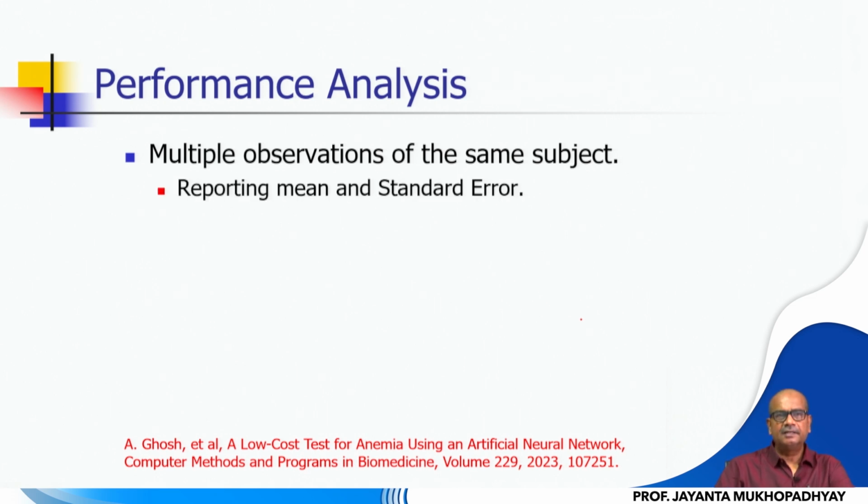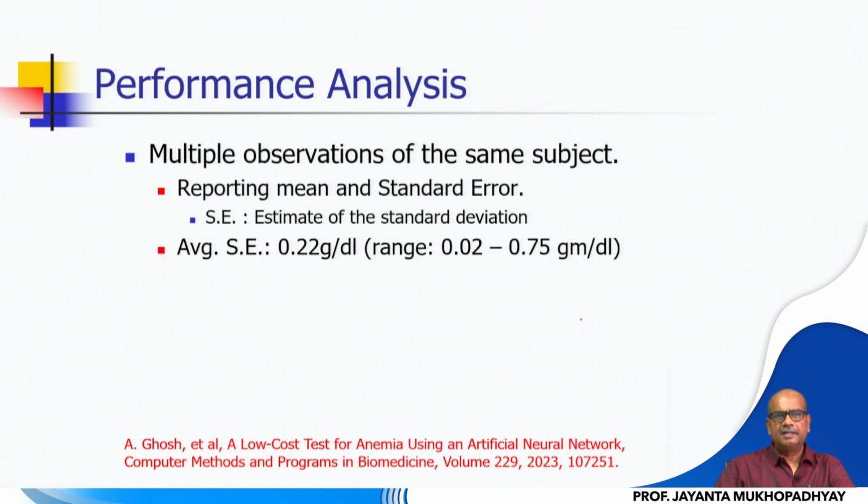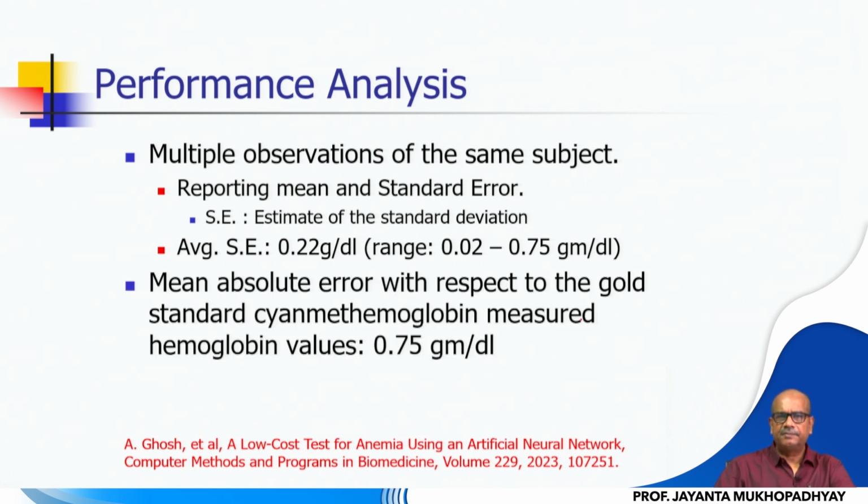Then, instead of point measurements, you report mean and standard deviations or standard error of that measurement. We get an average standard error of 0.22 gram per deciliter, and the range varies from 0.02 to 0.75 gram per deciliter.